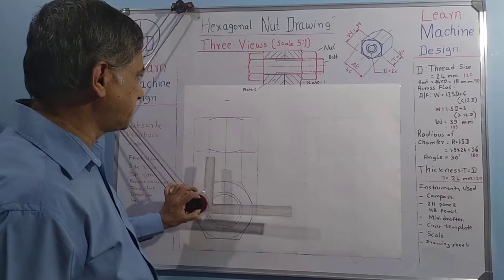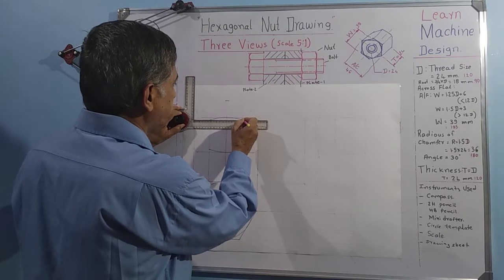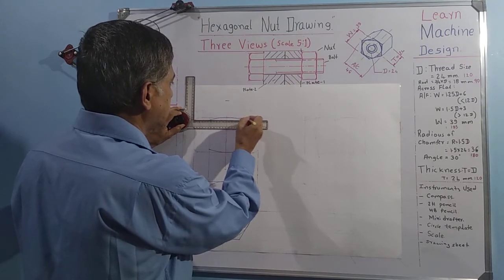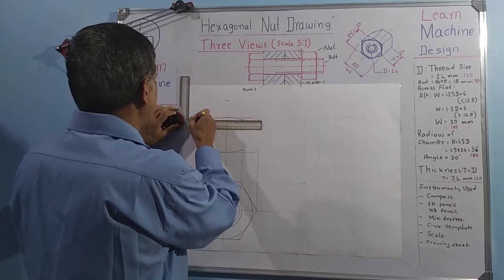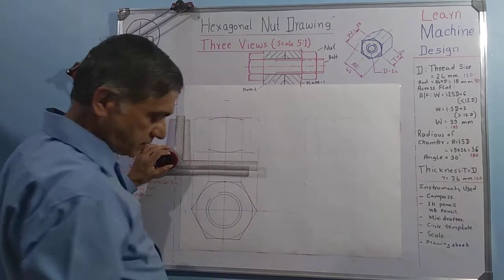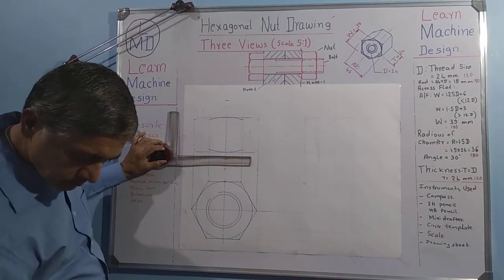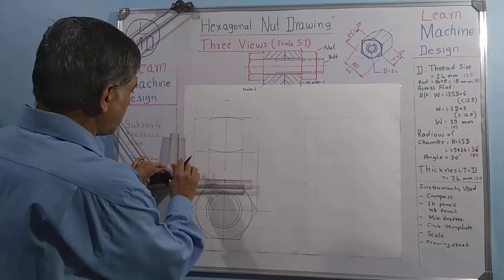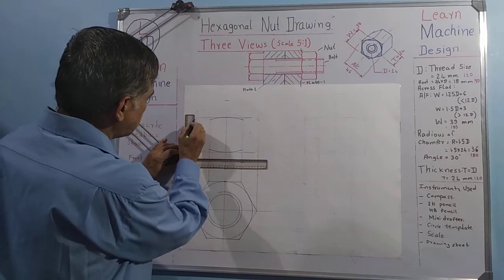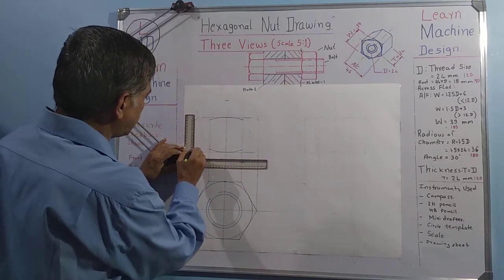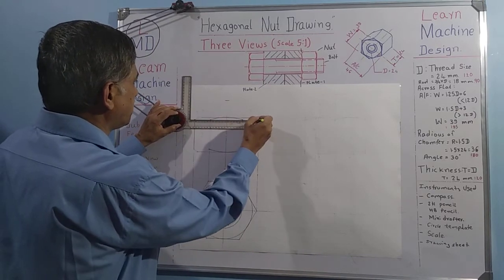Take this mini drafter and use this as a point and draw this and draw this. We have got this line, which should be extended like this, because we have a line here and mark like this.